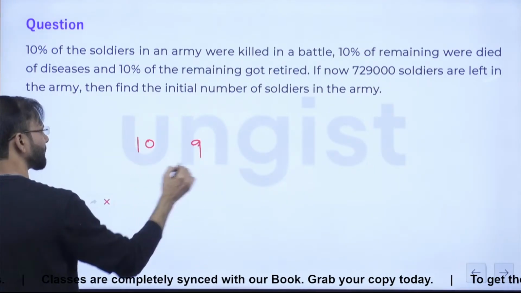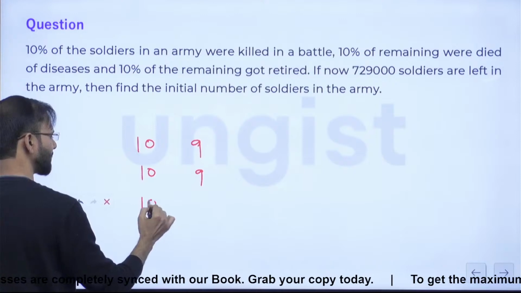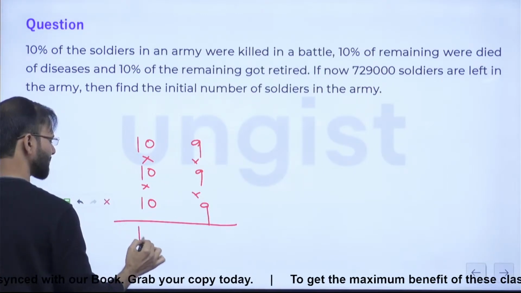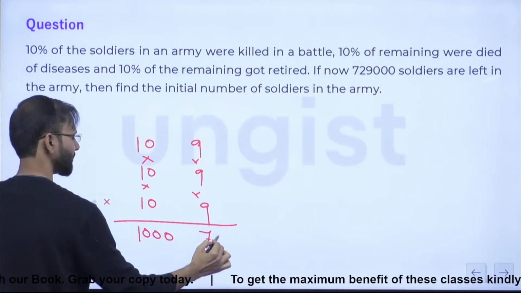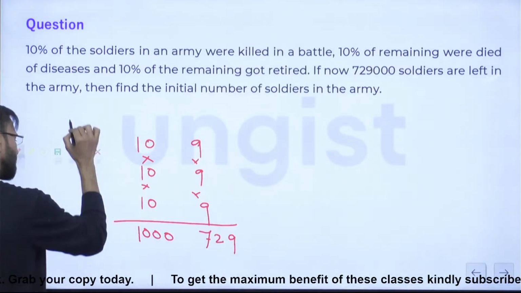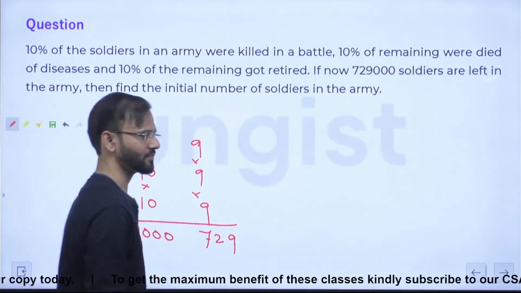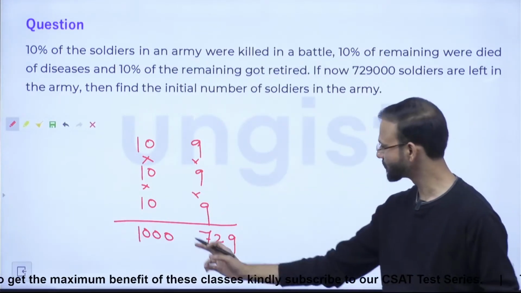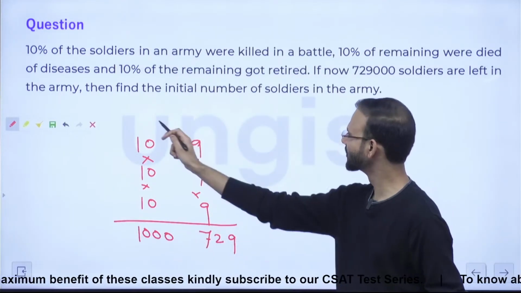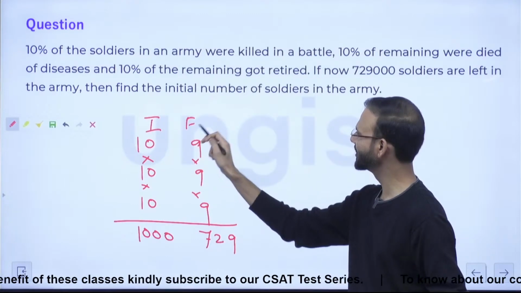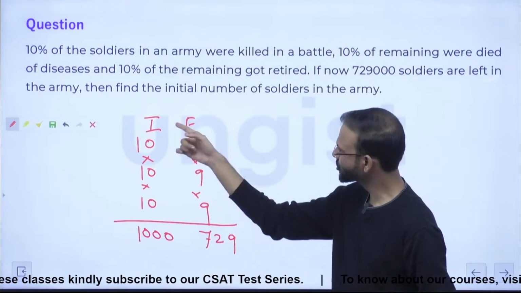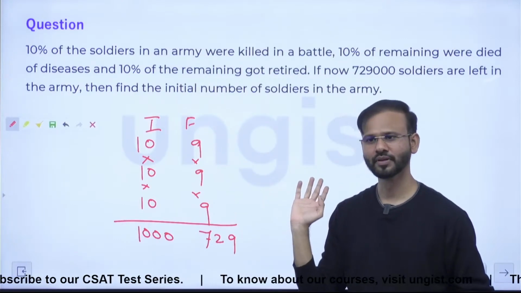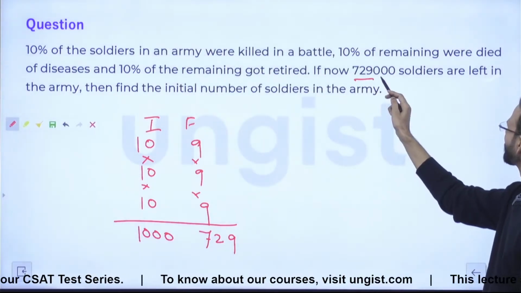तो मुझे बताइए जरा, 10 becomes 9, 10 becomes 9, 10 becomes 9. Everybody, yes or no? यही हो रहा है ना? So this is 1000 and this is 729. See guys, if you assumed the initial number of soldiers in the army was 1000, then final number was 729.